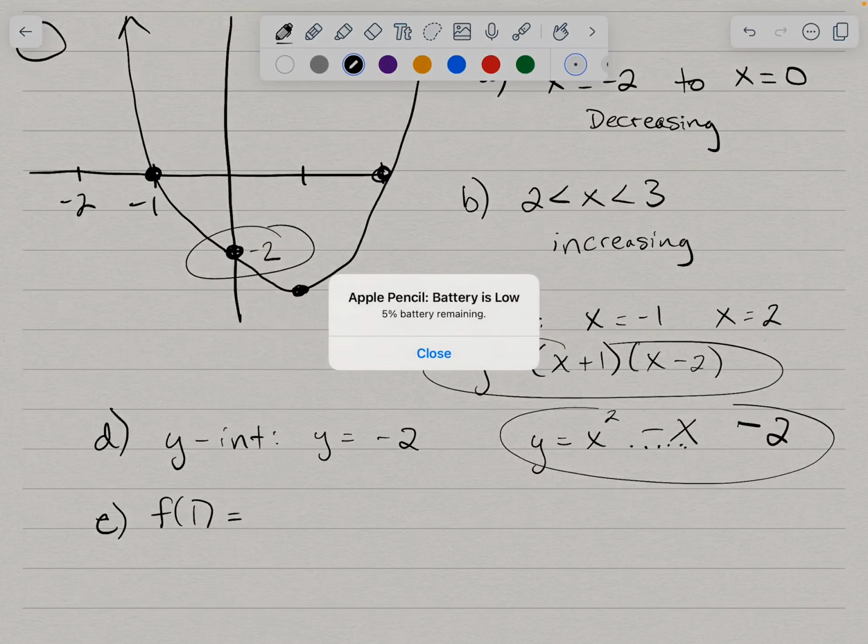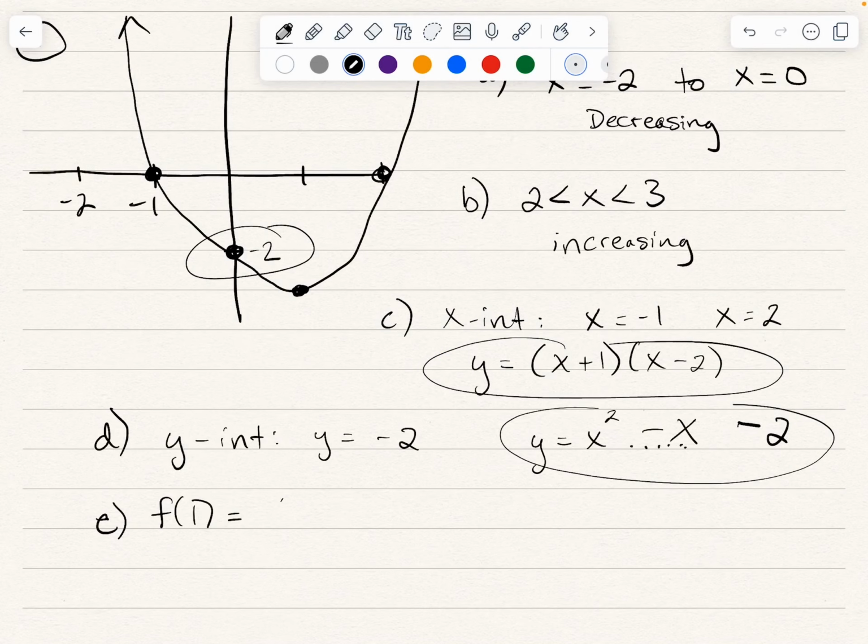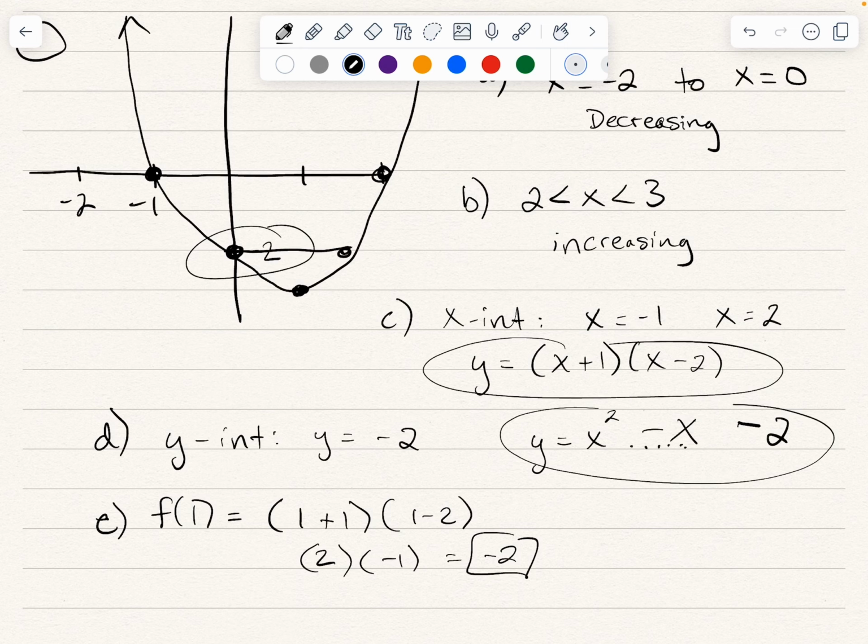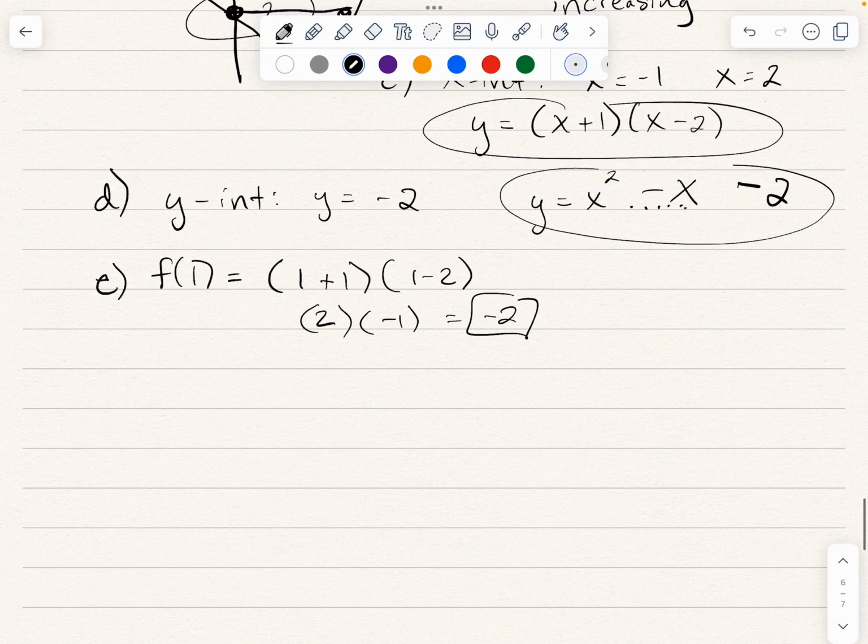So we can plug this in. So 1 plus 1, 1 minus 2. Well, that's 2 times -1. So we get -2 is the value at f of 1. And it kind of makes sense. It's going to be the exact same if I had my graph drawn to scale there.